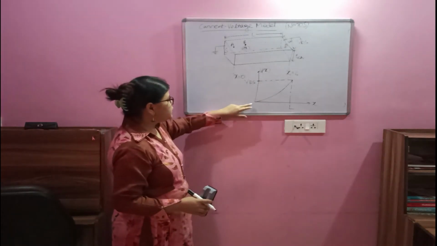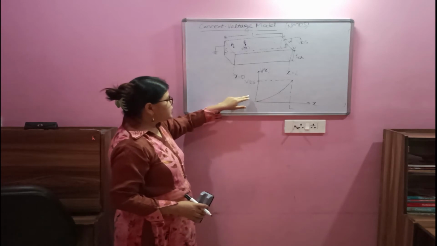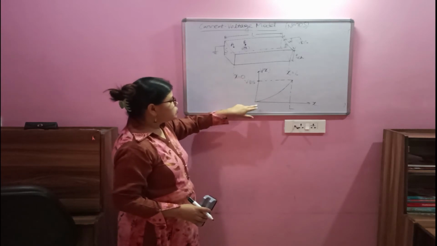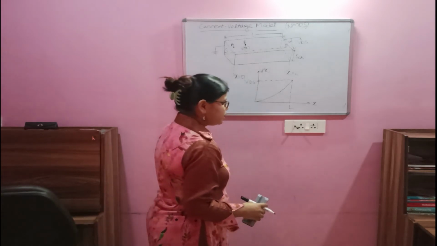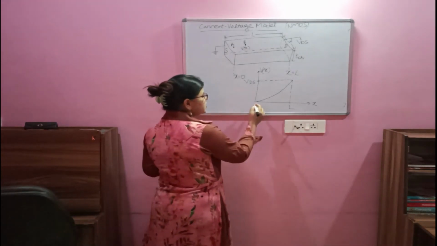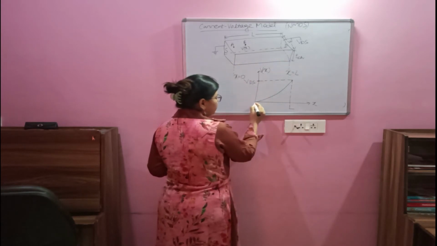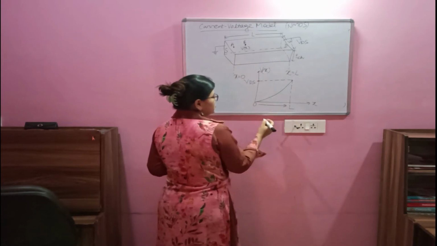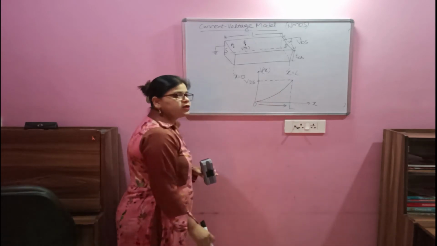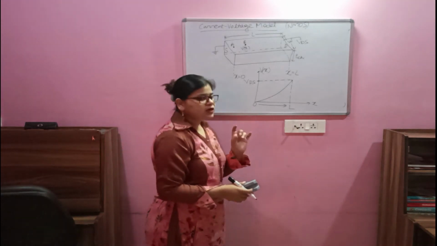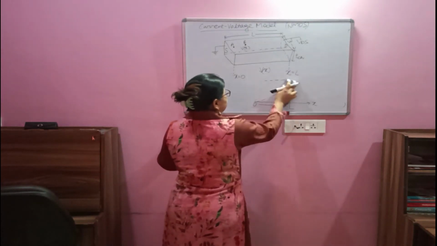So you can see from here that as x is moving from 0 to L, the voltage is also increasing, and that's why we have added that term V of x into the equation.